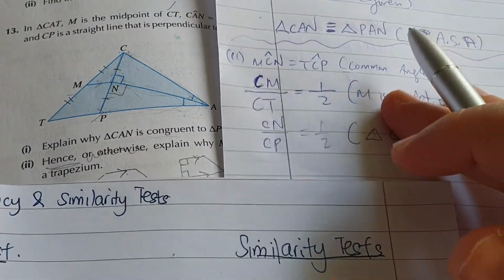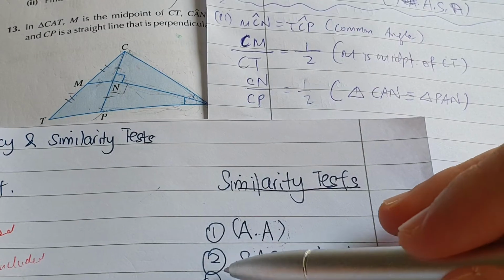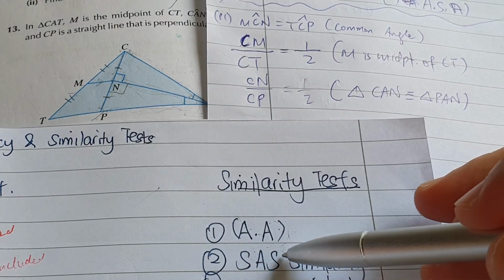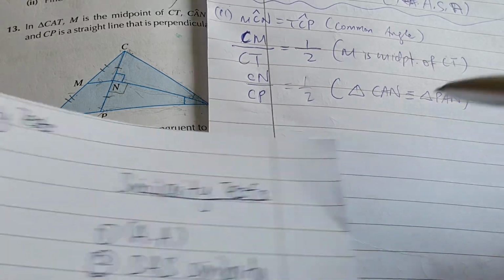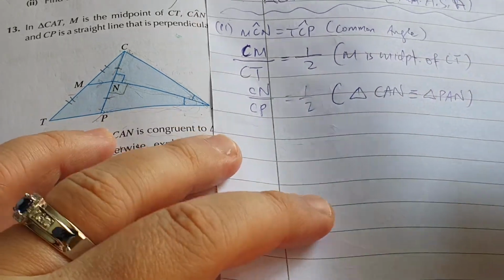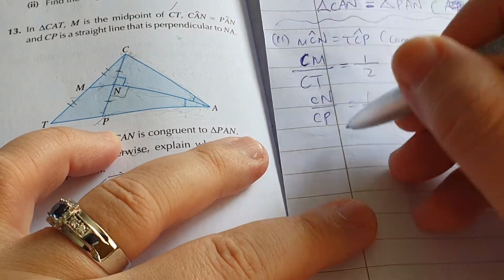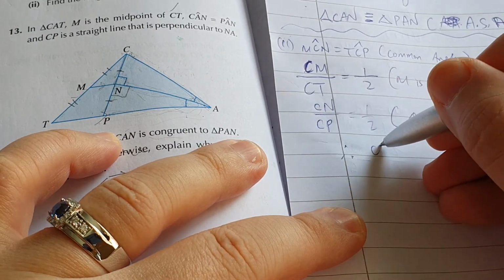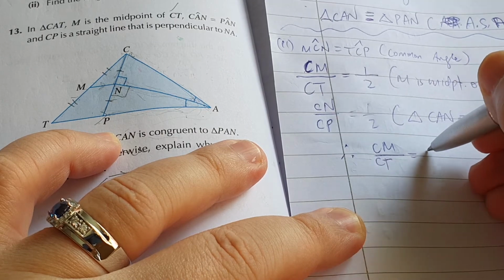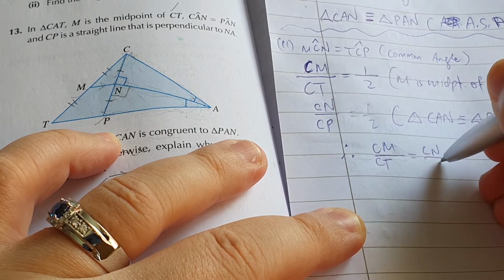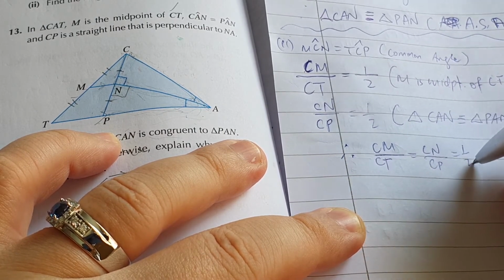So this is your SAS: one pair of corresponding sides in the same ratio as the other pair of corresponding sides. So this is what you need to write. CM over CT equals CN over CP equals half, right?